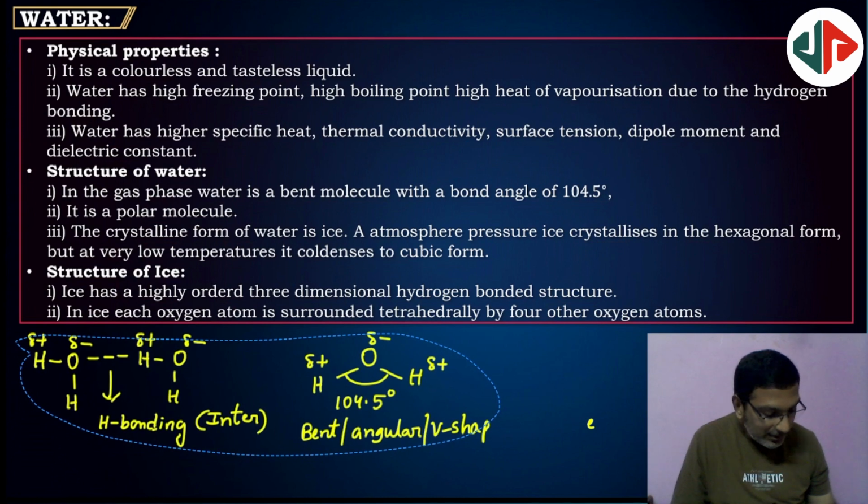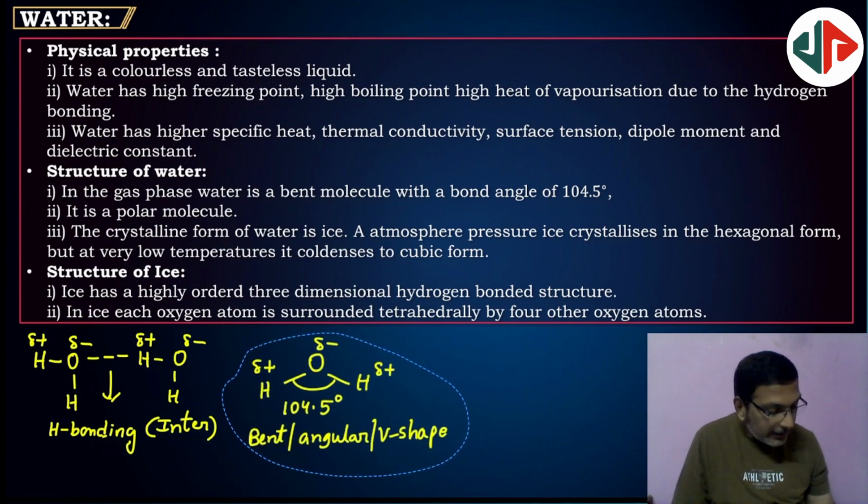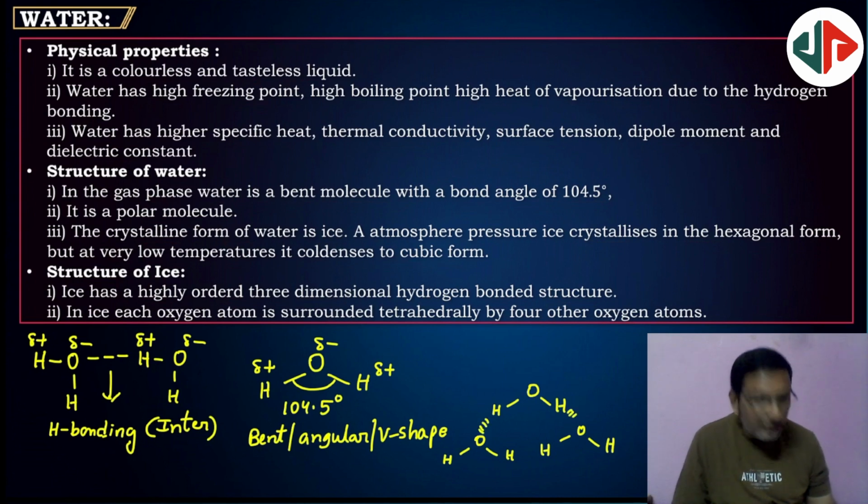That was in the previous question also. Geometry, shape; here I will write structure. Each oxygen is surrounded by, taking central oxygen here, OHH, again OHH, and OHH, with hydrogen bonding here and here.